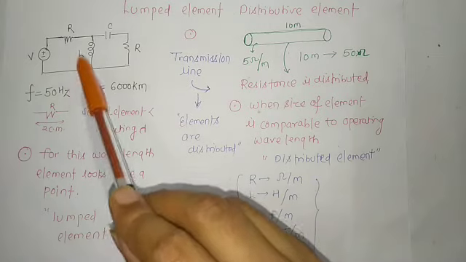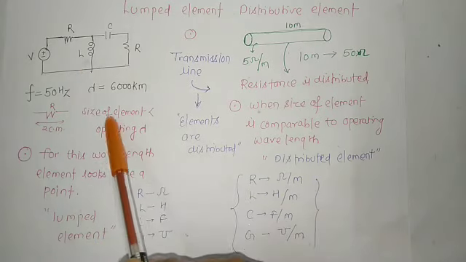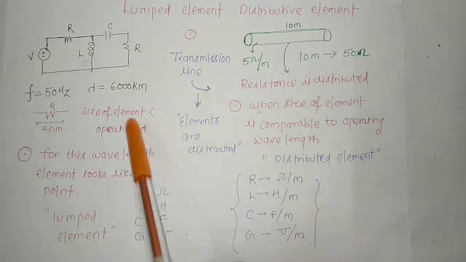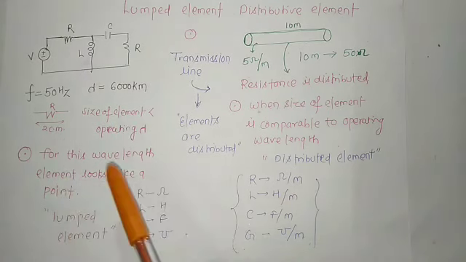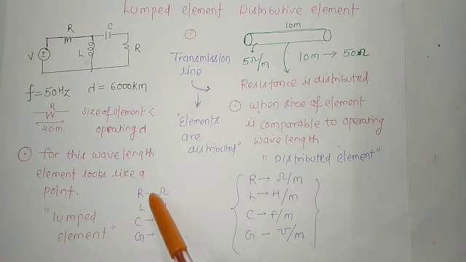When you get this type of situation, where your operating wavelength is very much greater than the size of the element, then you say that the element is a lumped element. So observe the units of these elements: resistance ohm, inductance Henry, capacitance farad, and conductance mho.